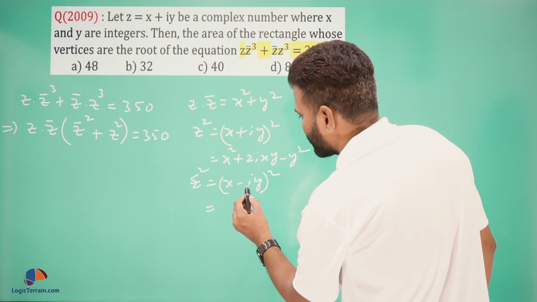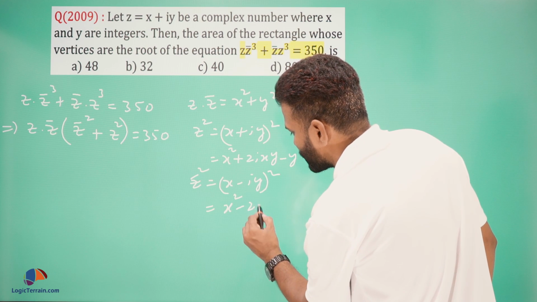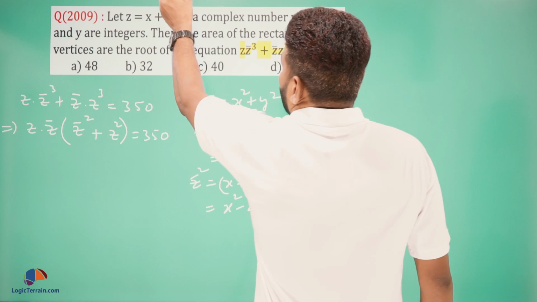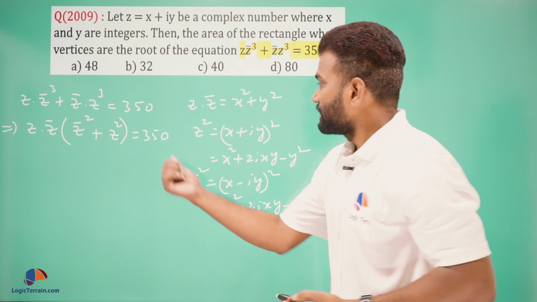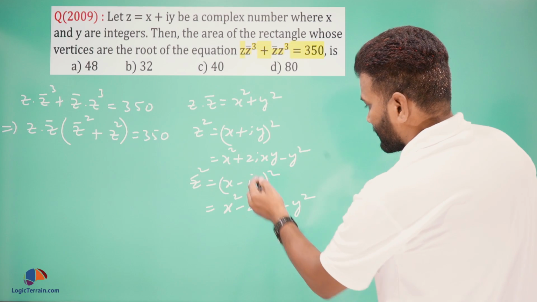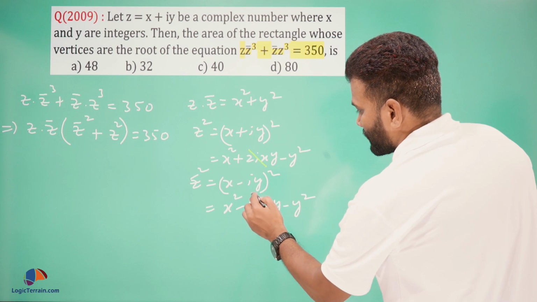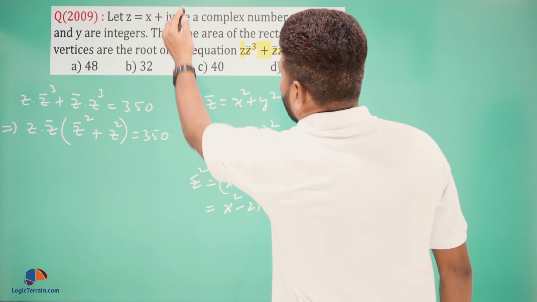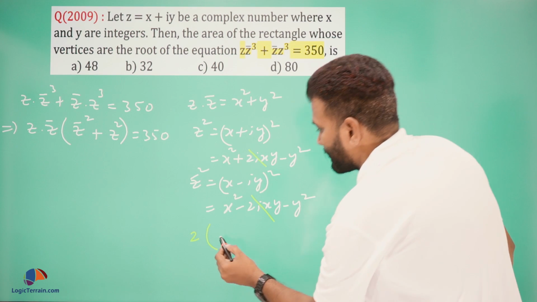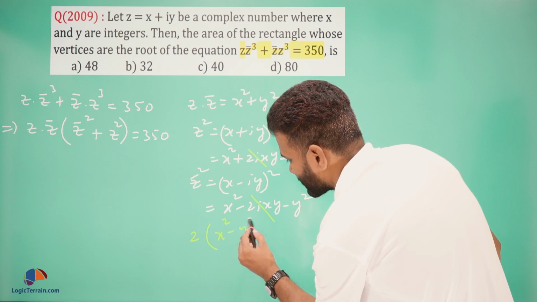This becomes x square minus 2ixy minus y square. On adding z square plus z bar square, the plus 2ixy and minus 2ixy get cancelled, then we are left with 2 times x square minus y square.